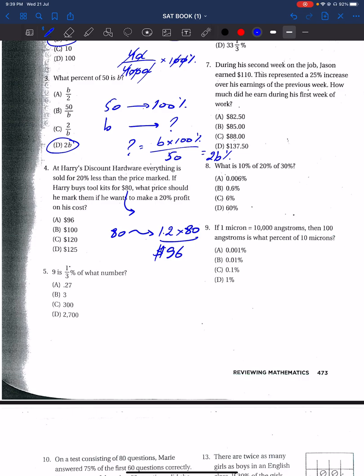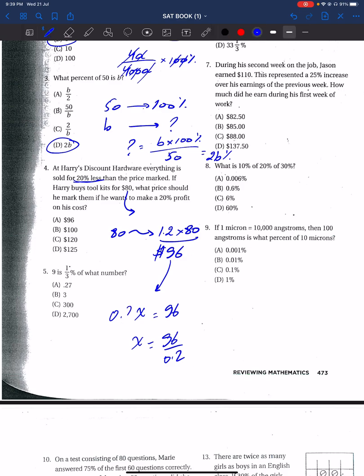But remember that this price is the one after being on sale. So let's say X is the price on sale and it's on sale for 20%. So 0.2x should give me 96. Then X should be 96 divided by 0.2, which is equal to, okay, so here we have a problem.